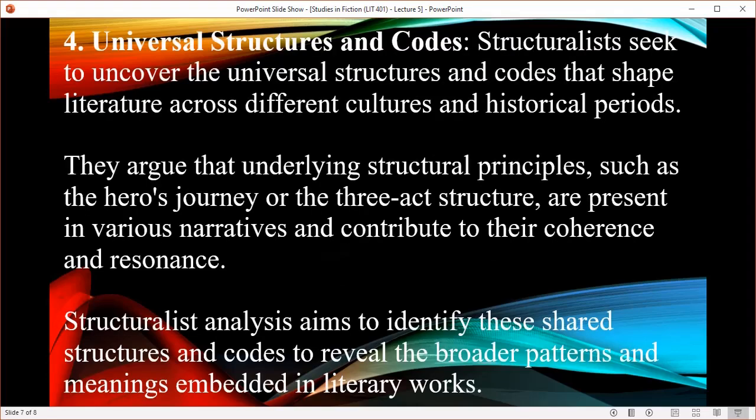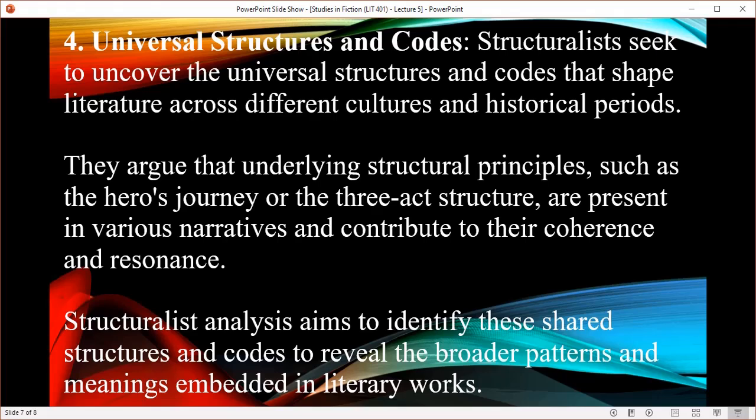We also have universal structures and codes. Under structuralism, the belief is that there are some elements in text that are universal, that are shared among cultures across the world, across the globe. So we have different cultures, different histories, different times, different settings, but despite all of these differences, there are universal elements.